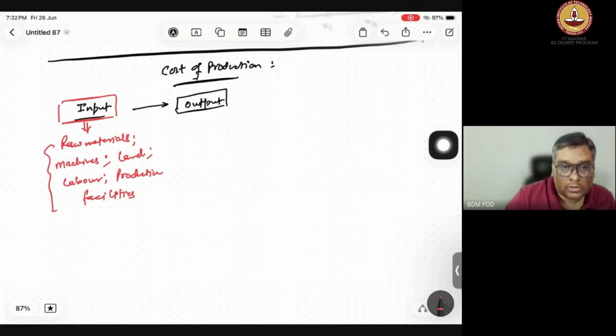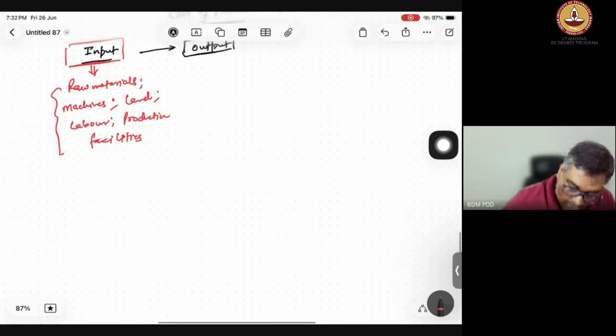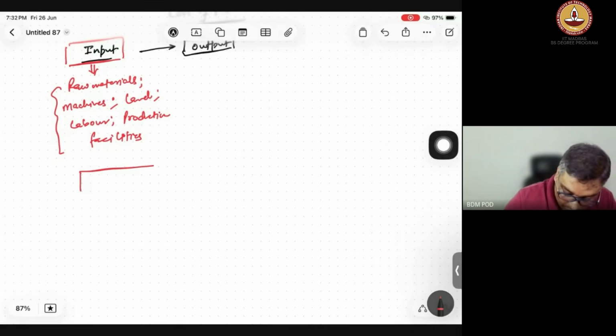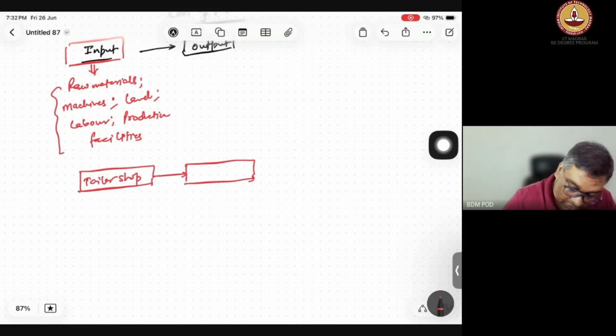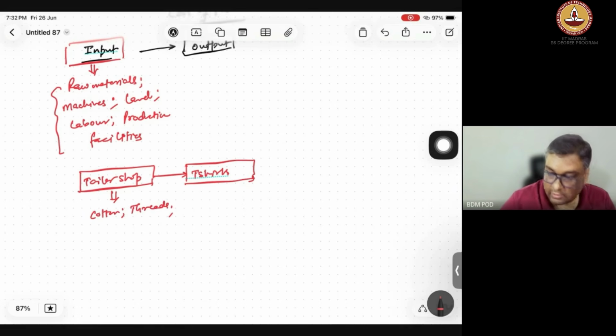Suppose I'm giving you an example. Suppose there is a tailor shop. If you want to manufacture t-shirts or shirts, what does he need? He needs cotton, he needs threads, and a sewing machine.